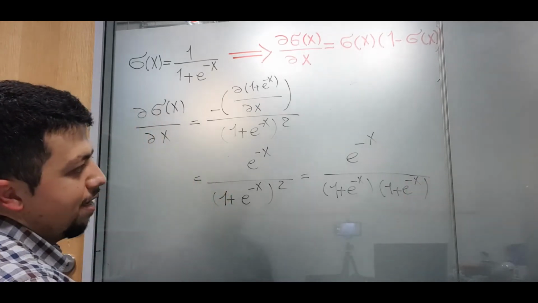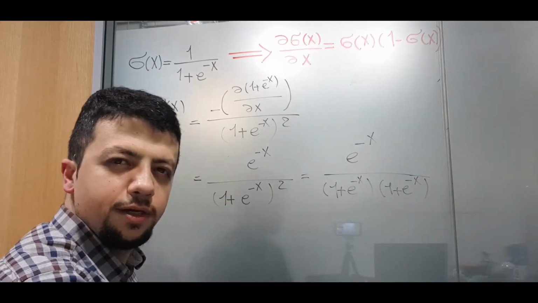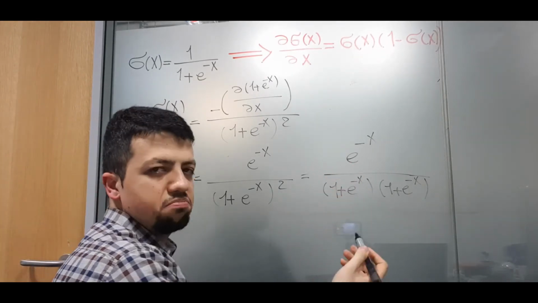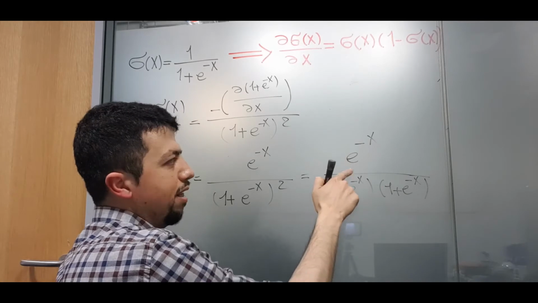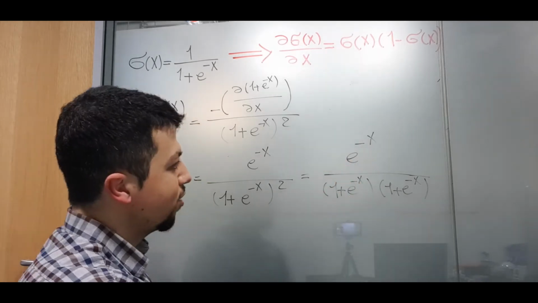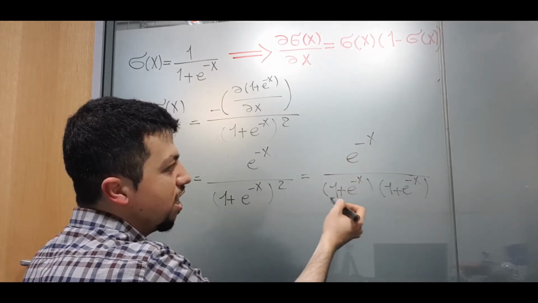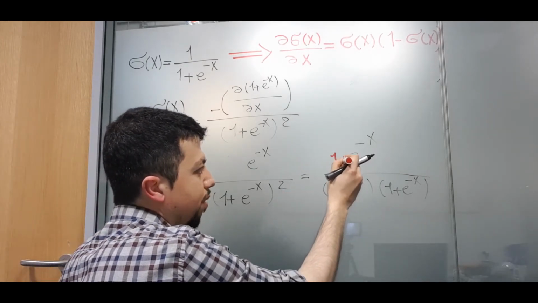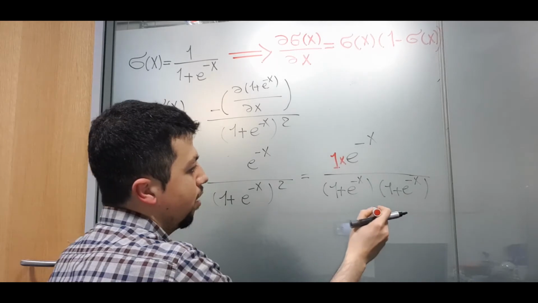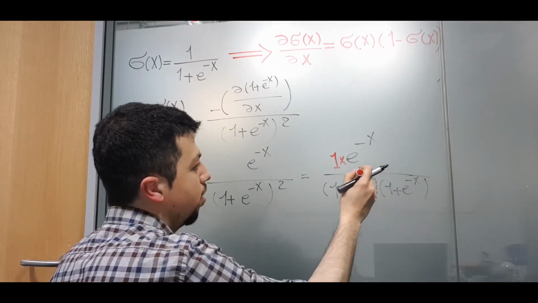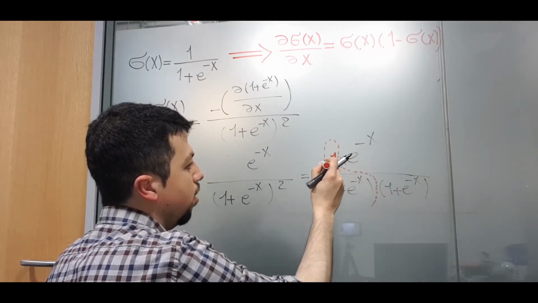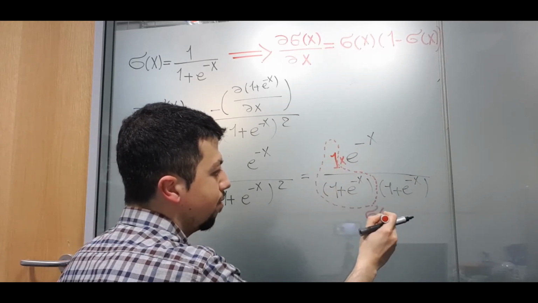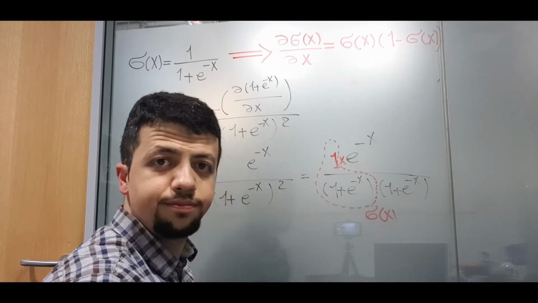Now, there's something very interesting going on here. Because if you think about it, the numerator is actually 1 multiplied by e to the power minus x, right? So you already have the sigmoid element here. There's 1 here, 1 multiplied by this whole thing, right? So this part is already your sigmoid, isn't it?